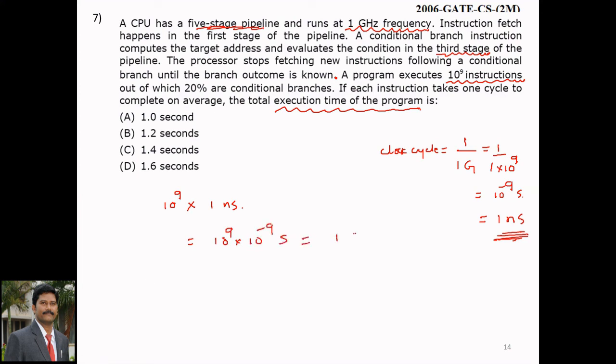That is 1 second. So to execute 10 power 9 instructions, it will take 1 second. In 1 second, all the program is executed.